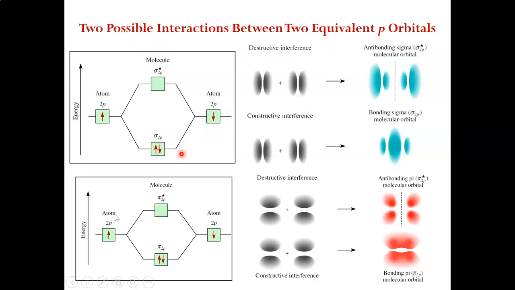Just now was the s orbital, now it is the p orbital, and it is the same: it forms a bonding orbital with lower energy and an anti-bonding orbital with higher energy. Destructive interference is the anti-bonding, constructive interference is the bonding.